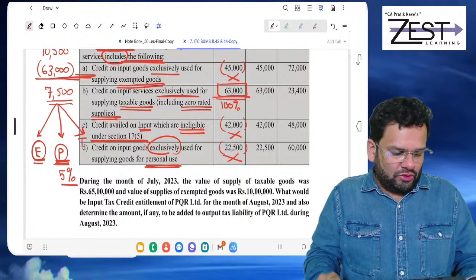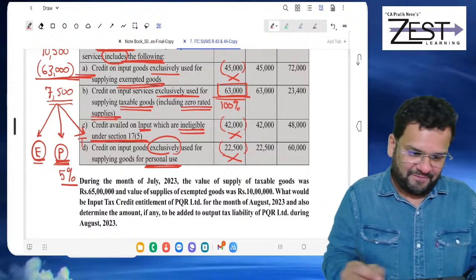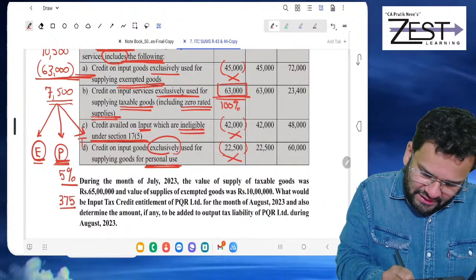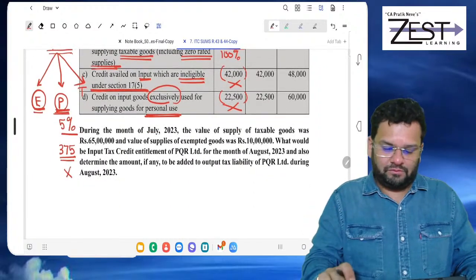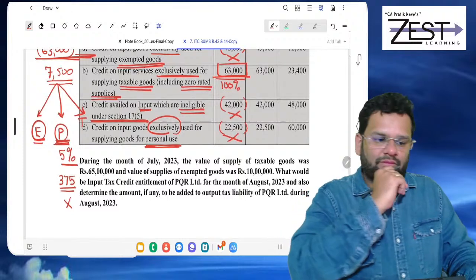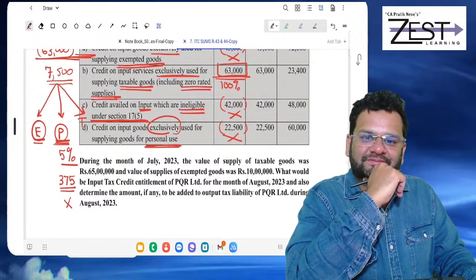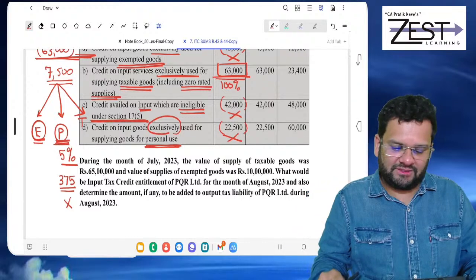So can you do 7,500 into 5%? So this 375 will be disallowed. Are you getting the point? Yes or no?